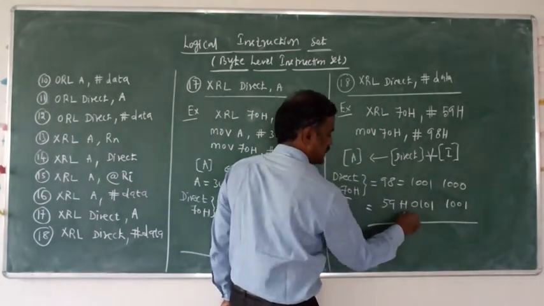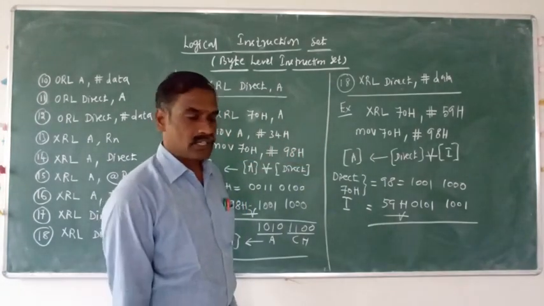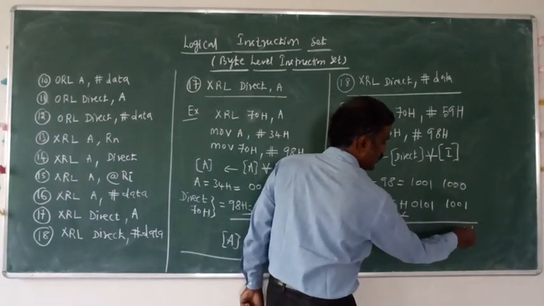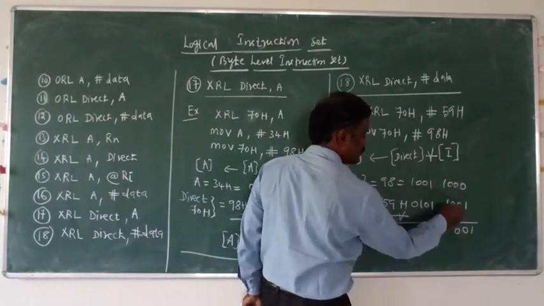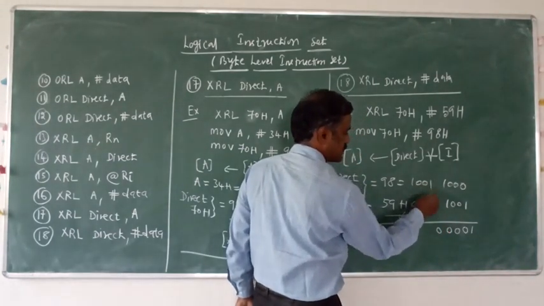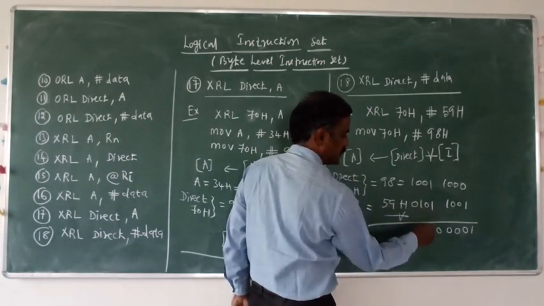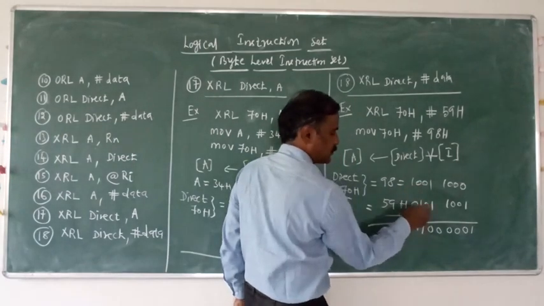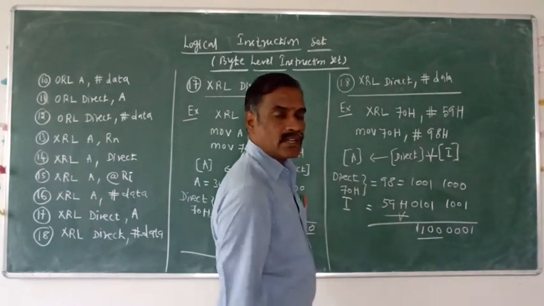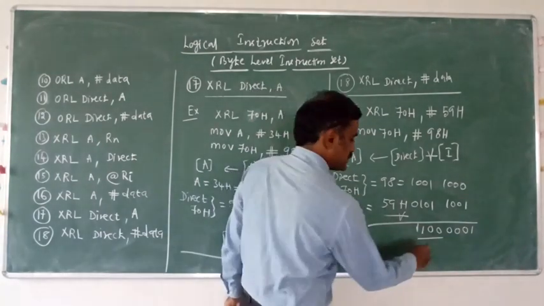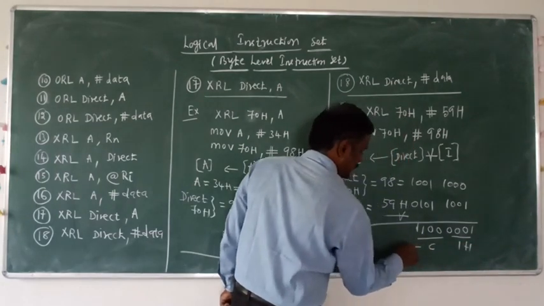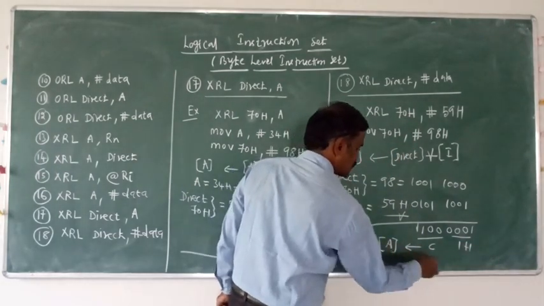Now logically exclusive OR these two. Different input, output 1; same input, output 0; same input, output 0; and so on. Now 1100 means 12 in hexadecimal, C, and this is for 1. C1 data moves to the A register.